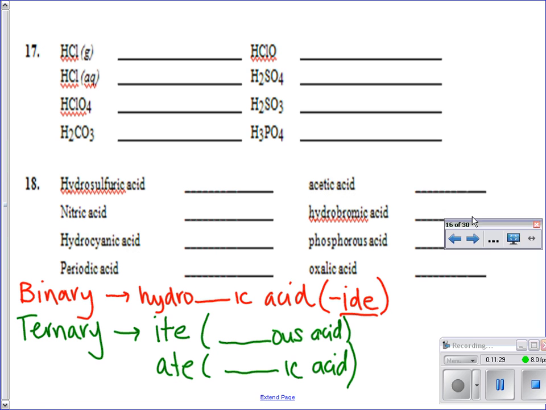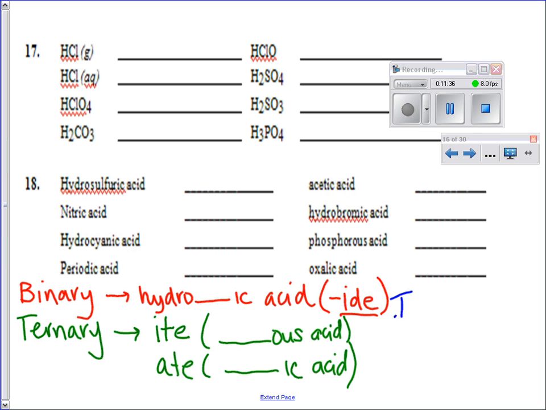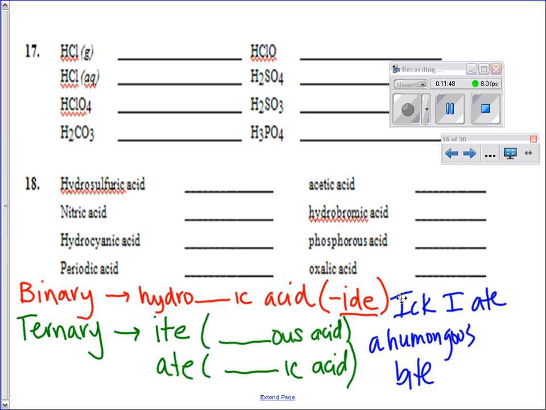There was a saying that you learned, and mine's going to be a little different than Miss Rozier's was, and I'll have her say hers in a second, but mine was: ic, I ate a humongous bite. And how that works, it pairs your ion with your acid name. If the acid ends in ic, the polyatomic that's in the acid ends in ate. If the acid ends in ous, the polyatomic ends in ite.